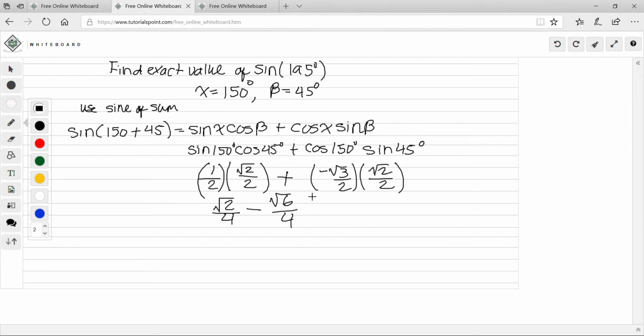So that gives you the square root of 2 minus the square root of 6, all over 4. And that should be your final answer.